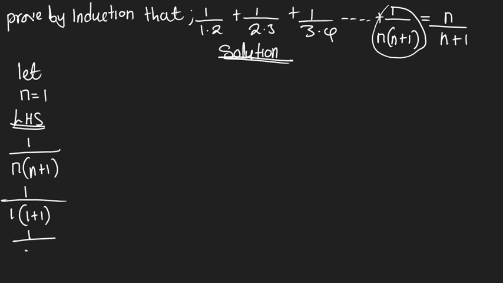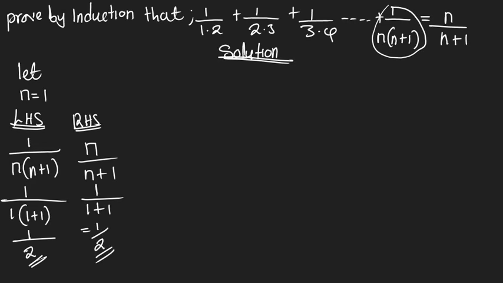Then this is going to be 2 down there. Right hand side, we have n over n plus 1. So it's going to be 1 on top. I'm going to put 1 where there is n. So I'm going to get 1 over 2. From here, your statement is already showing some truth.